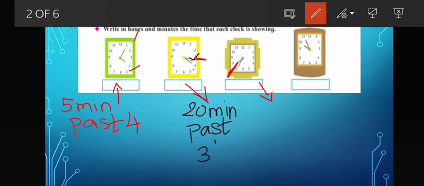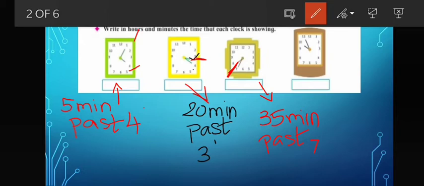Now the hours hand is between 7 and 8 and the minutes hand is at 7. So 5 sevens are 35. So it is 35 minutes past 7. It is still not 8. If it was 8, the hours hand should be at 8 or between 8 and 9, but it is between 7 and 8, so it is still 7 o'clock.